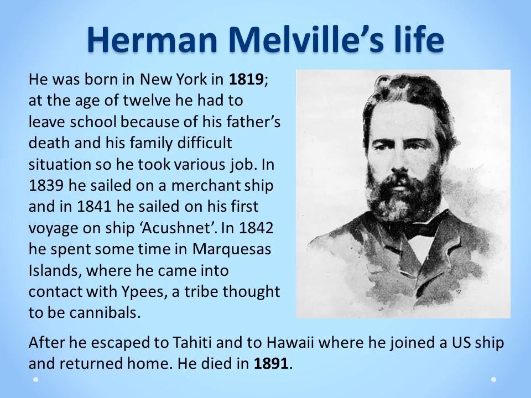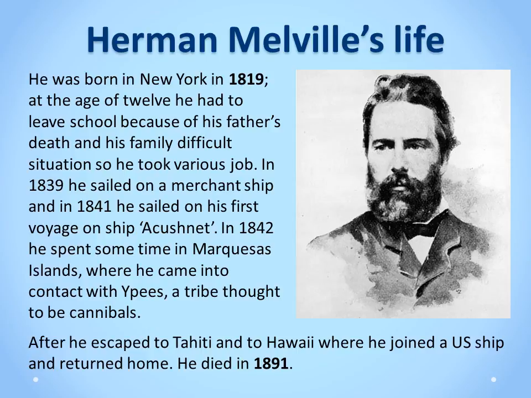Herman Melville's life. He was born in New York in 1819. At the age of 12, he had to leave school because of his father's death and his family's difficult situation, so he took various jobs. In 1839, he sailed on a merchant ship, and in 1841 he sailed on his first voyage on the ship Acushnet.